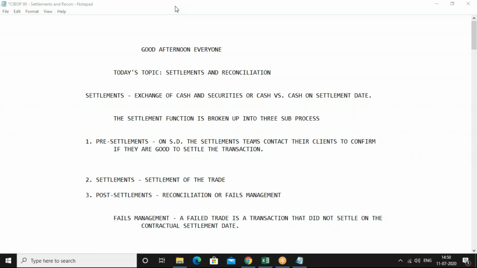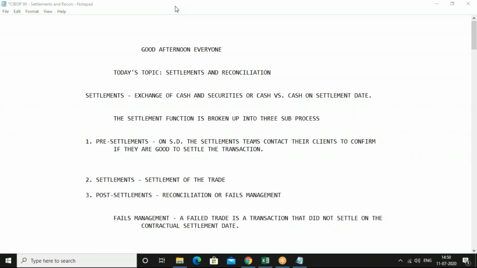When the systems read that reference data, they go out to the market and match those details with the client details. If it matches, the transaction is settled. About 90 to 95% of it happens automatically. The 5 to 10% that fails is what operations deals with on a daily basis.